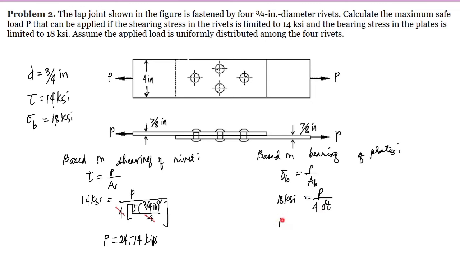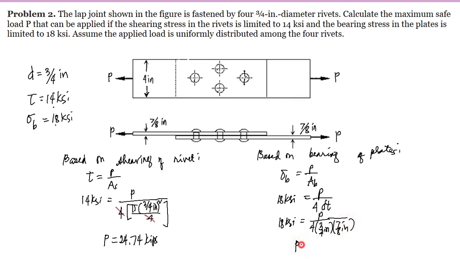So we have 18 ksi is equal to the force over 4 multiplied by the diameter of the rivet, that is 3/4 inch, multiplied by the thickness, which is 7/8 inch.